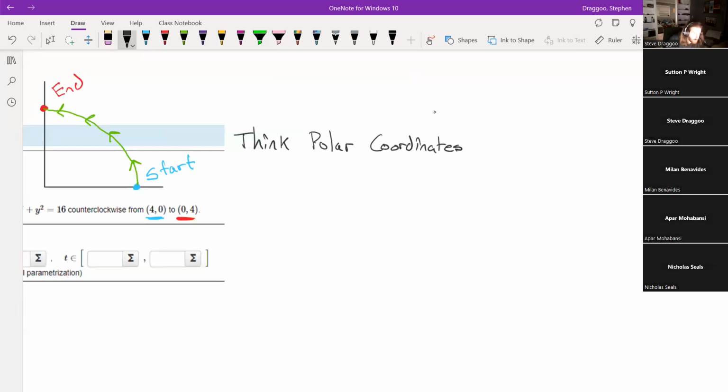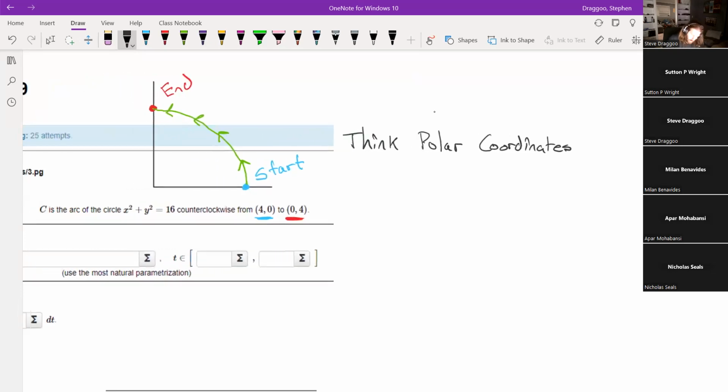Coordinates has an E in there. There we go. And the polar coordinate equations we have are x equals r cosine theta and y equals r sine theta. That's our base idea for our parameterization.